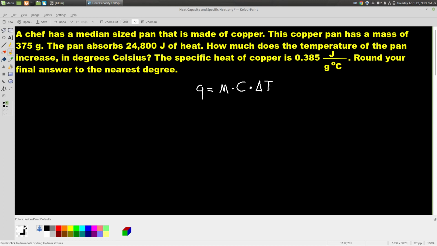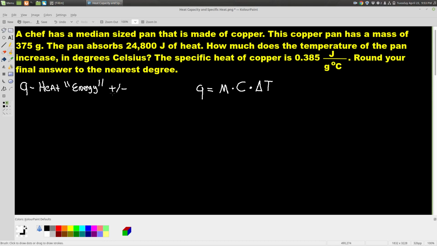But before we use this equation, let me explain to you what each letter is. Q is our heat. We'll just call it heat. And when we mean heat, what we're really talking about is energy. This energy can be positive or negative.